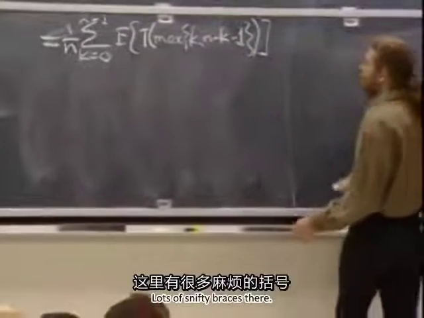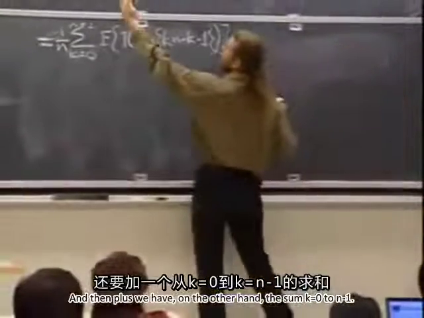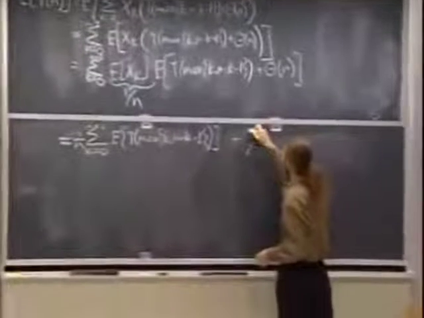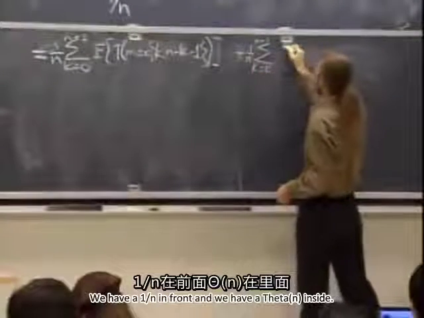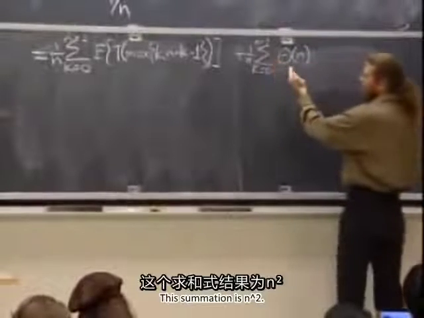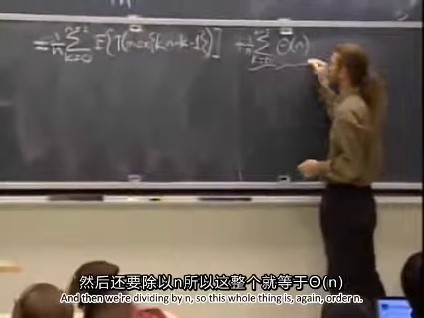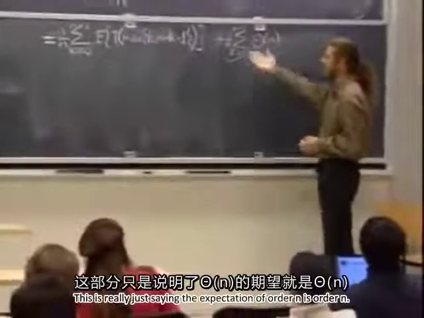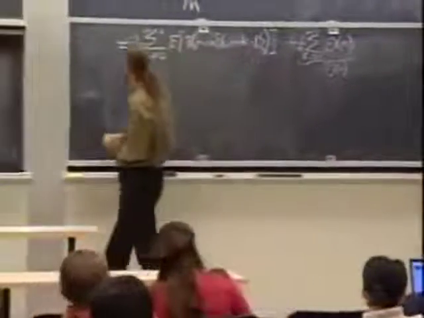And then plus, on the other hand, the sum from k equals 0 to n minus 1, let me just write that out again, of 1 over n in front, and a theta n inside. So this summation is n squared, and then we're dividing by n. So this whole thing is, again, order n. So nothing fancy happened there. This is really just saying the expectation of order n is order n. Average value of order n is order n.